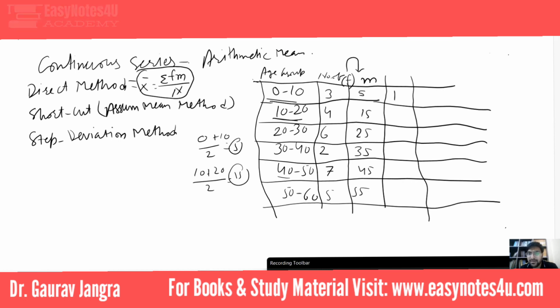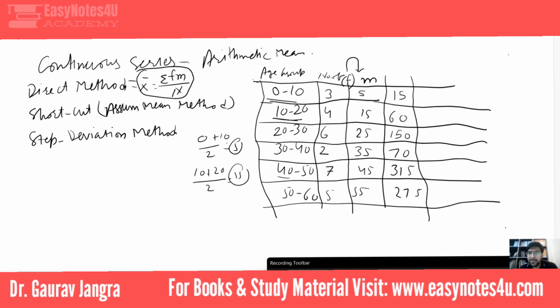So it will be 15, 16, and this will be 150, 70, 315, 275. Okay, right?